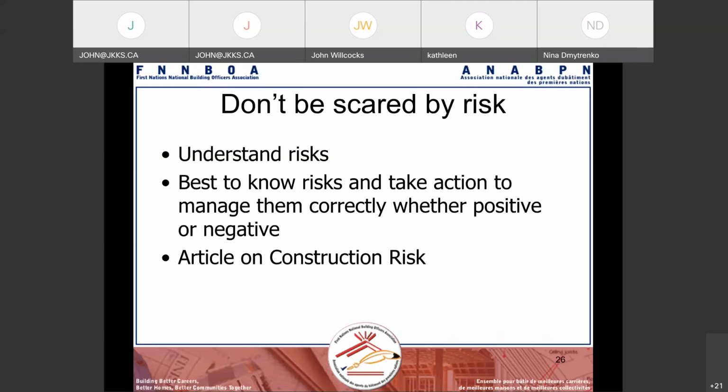And the second point that we talked about is that in many First Nations communities, they need to look at their insurance policies to make sure that the insurance they're paying for clearly reflects their community assets. So, for example, if you have an insurance policy, you have to make sure that it includes new construction or buildings that are not even completed.